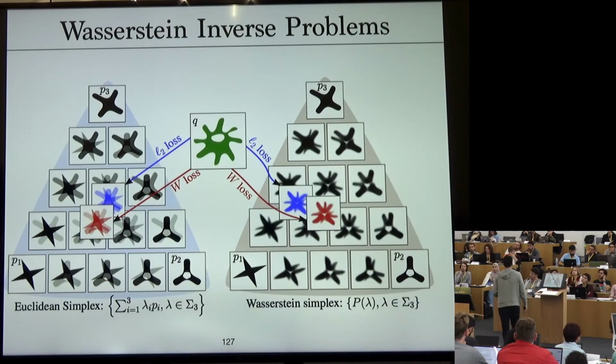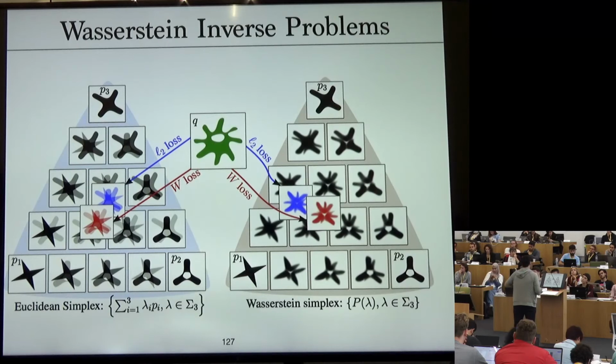So, thinking about the left-hand side of the slide, if you have this new shape that pops up, can I find a linear combination of those 3 atoms that seems to match? And you can measure the loss or the difference between your reconstruction and the input shape the way you want. It could be Wasserstein, it could be L2, anything.